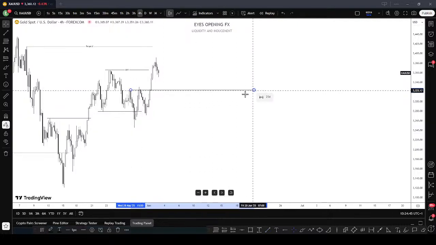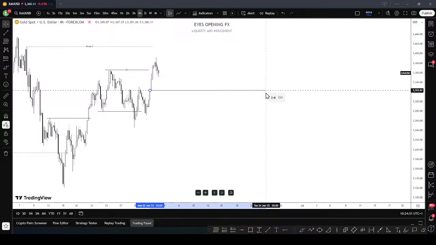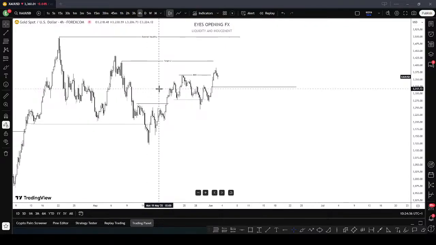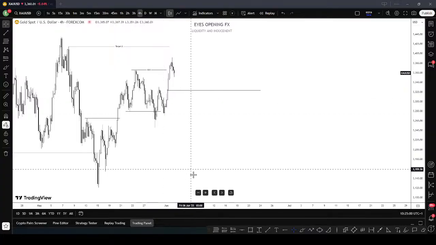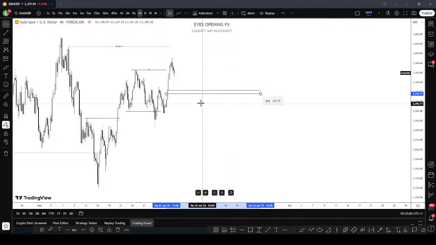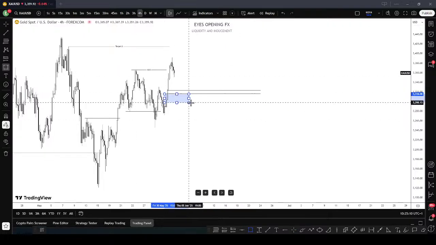If you want to refine this support level, it will give you more idea that you will expect price around here. All right, this becomes your next support level. If this becomes your next support level, then you mark out your imbalance, which is this. So you have now gotten your point of interest right here.